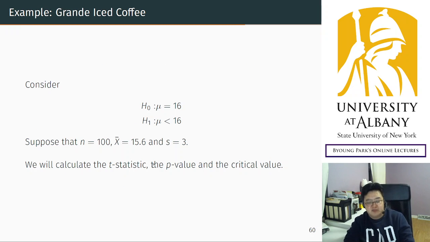Okay, then let's come back to the example and think about more detailed numbers. Suppose that we set up our testing. We are going to reject the null hypothesis if you find that the actual amount of iced coffee is too small. So you randomly collected 100 iced coffees in grande size, and their sample average was slightly lower than the 16 ounce amount. If it was greater than 16 ounces, that's totally fine.